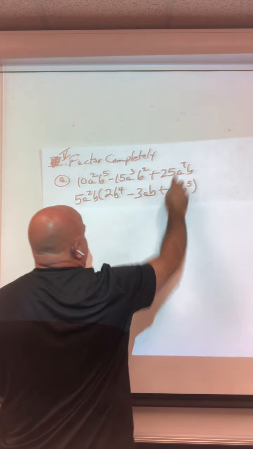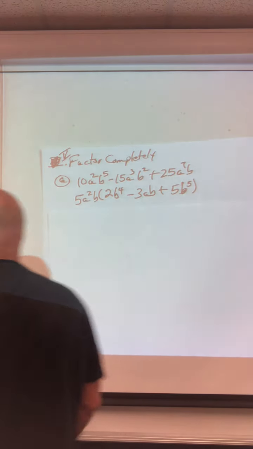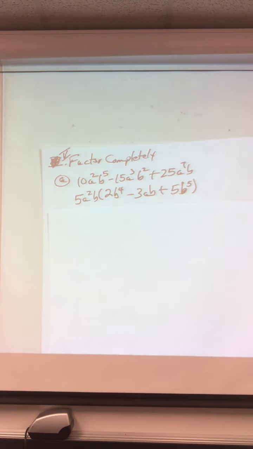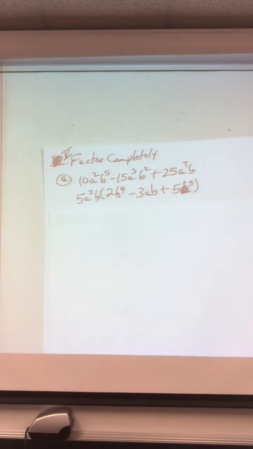A2 into A7, that should be an A5, not a B. So let me correct that. That's another reason I wanted to go over this with you. This should be A5, and then B into B cancels.